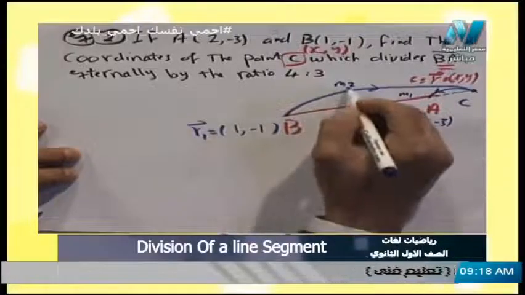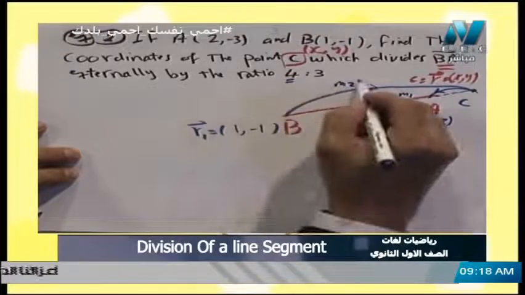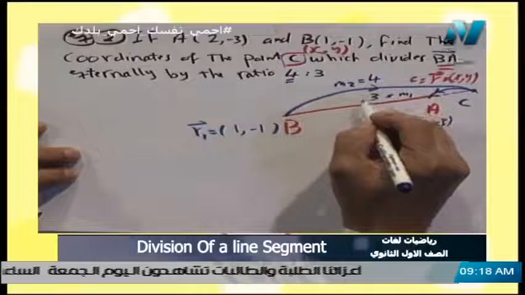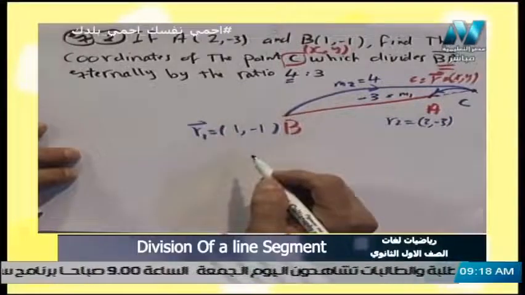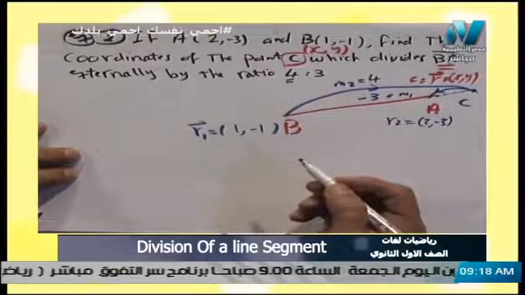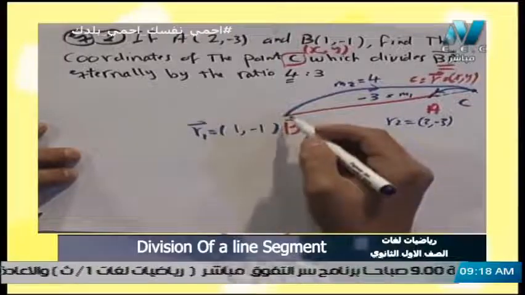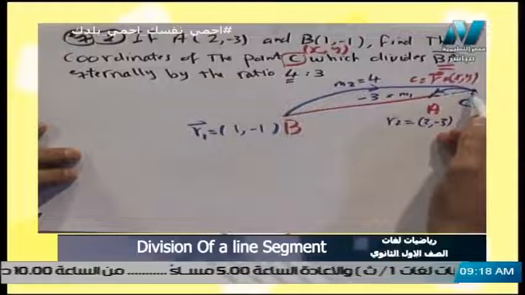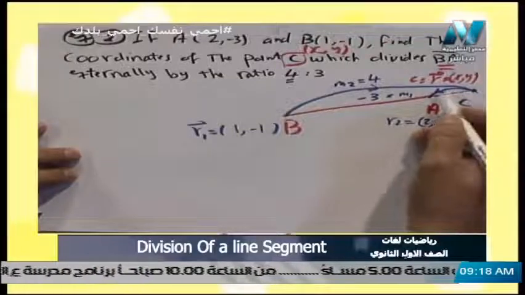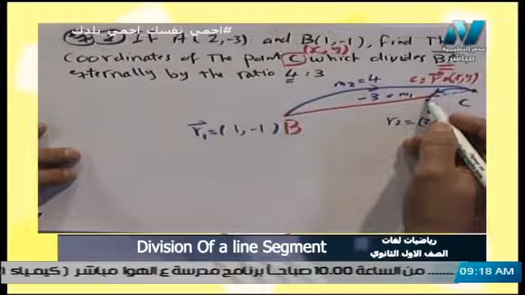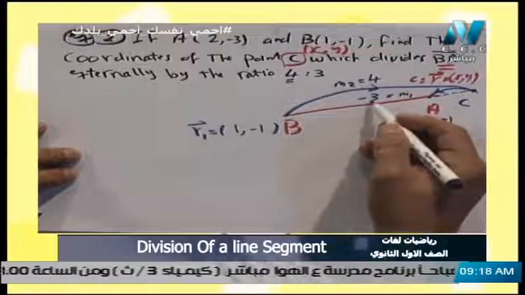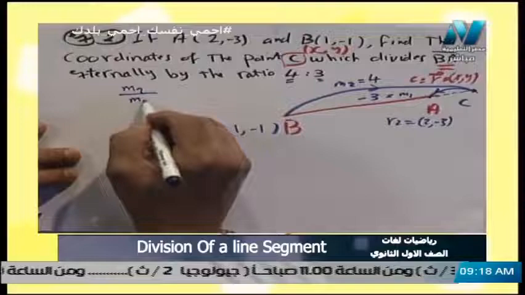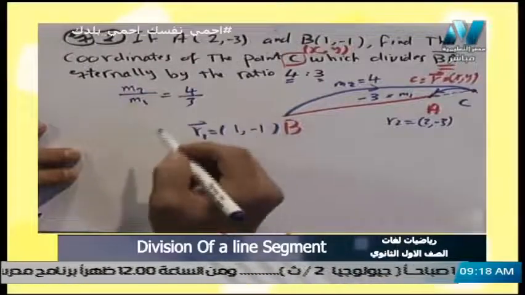M2 here will be 4 and M1 will be 3, but negative. Why is it negative? We deal here with vectors, and M2 starts from B to C, and M1 starts from C returning back to A, so M1 will be negative 3. Okay, and we have here M2 over M1 equals 4 over 3, but externally.